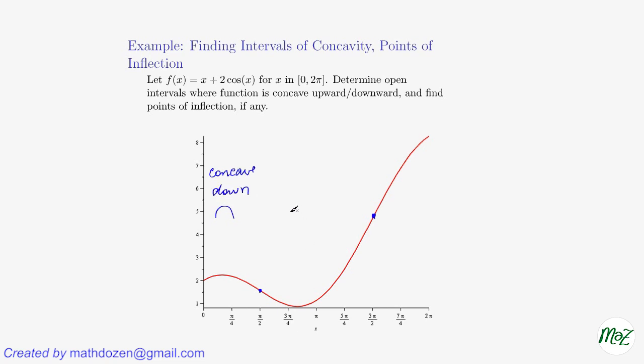The middle piece looks like a part of an upright U shape, so it's concave up. And the right piece looks like a part of an upside down U shape, so it's concave down. And those two blue points look like the points of inflection. We actually found all of that numerically, and the graph checks out.